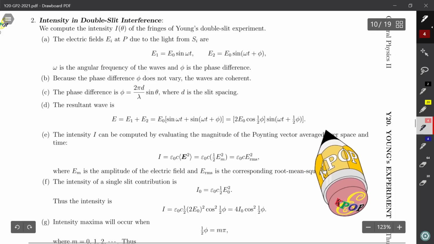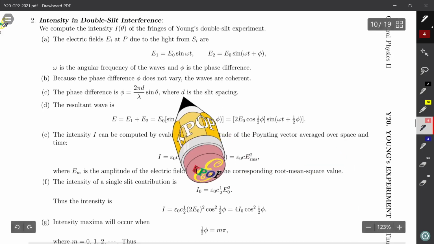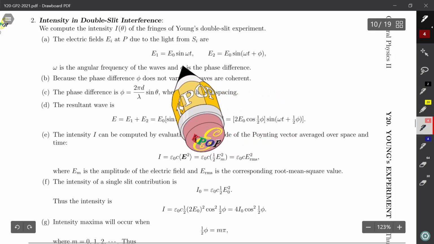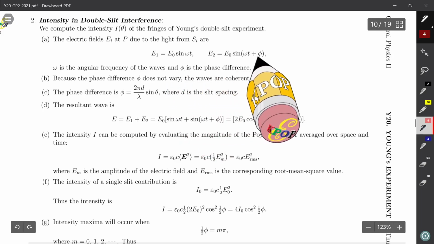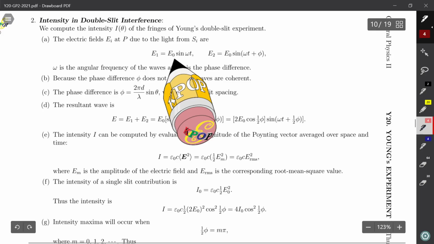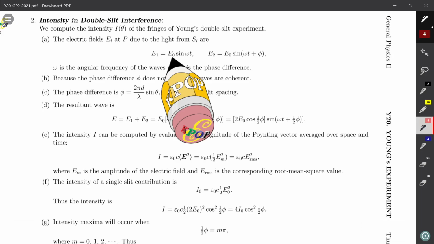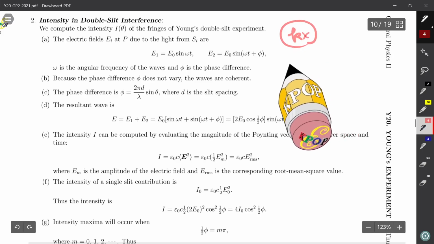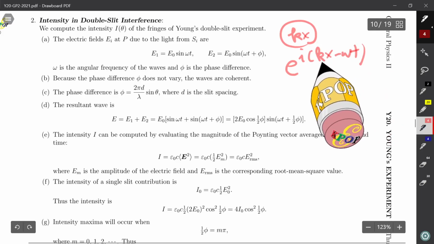Okay, let us consider intensity. For the two light waves, before we make use of the phasor method, we can still make use of a sinusoidal wave function for the electric field. In the two electric fields, we have factored out the common kx part in the exponential i kx minus omega t style.